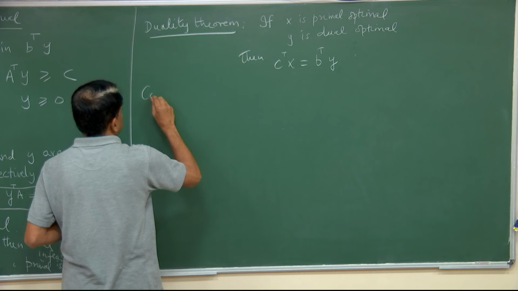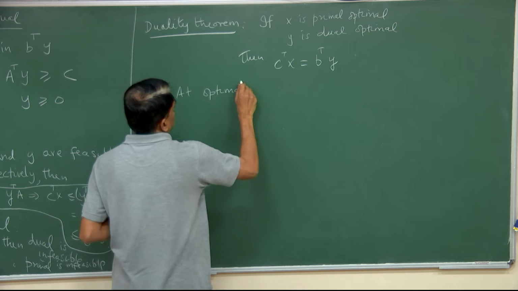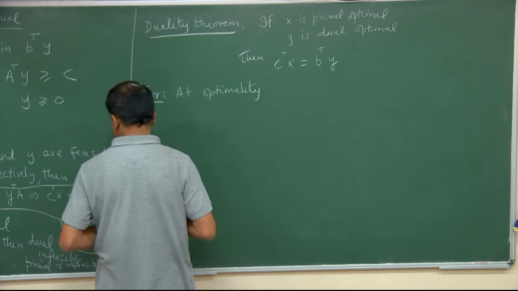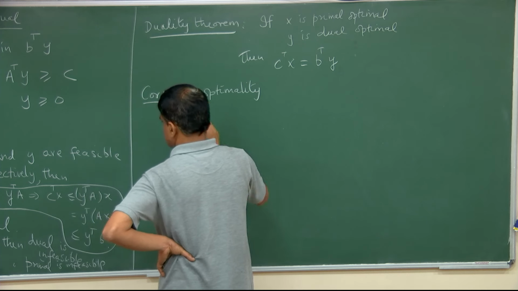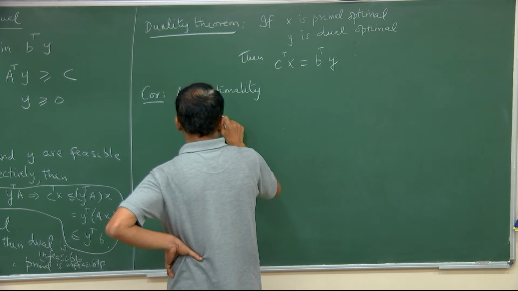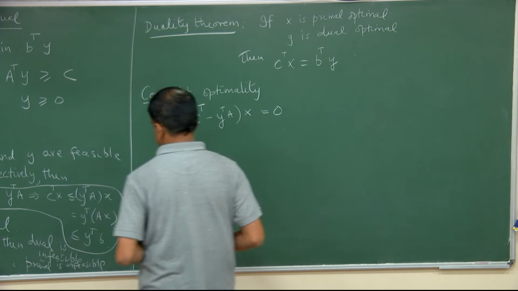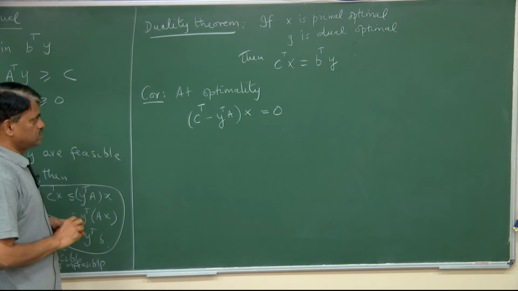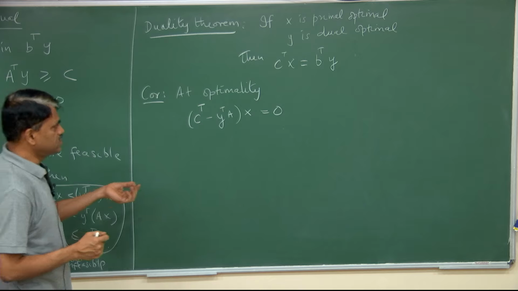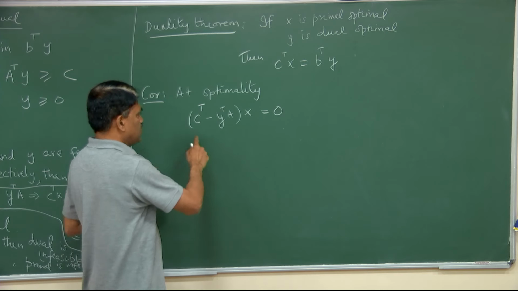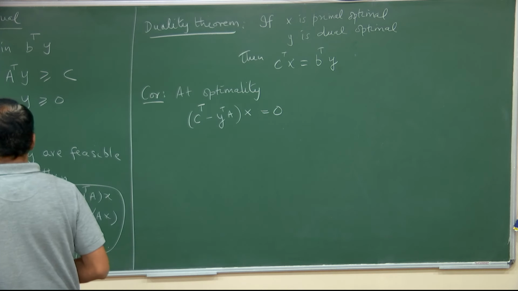So the corollary is at optimality, both primal and dual, this is an important property which we will use for some algorithms. At optimality, C transpose minus Y transpose A into X is 0. Okay, so this is also an inner product. C transpose is a row vector, minus Y transpose A. Y is, what kind of dimension is Y?